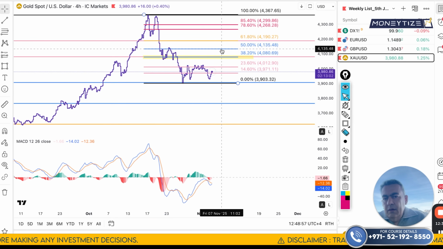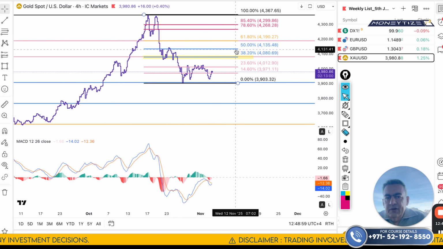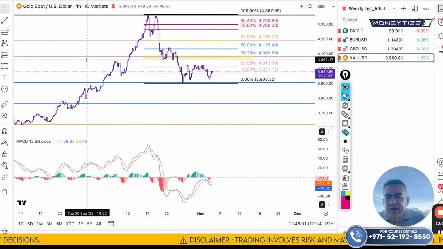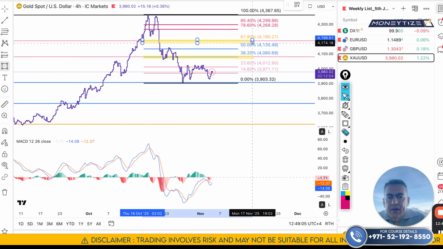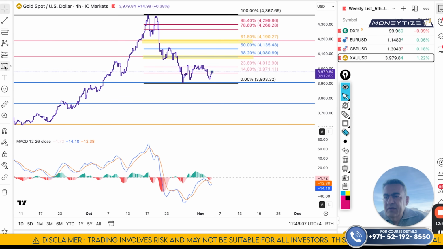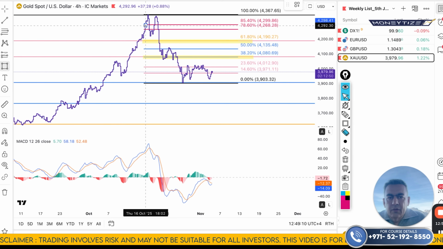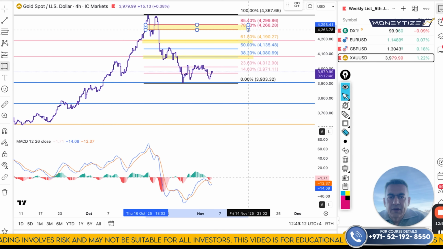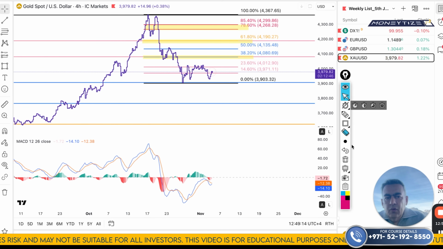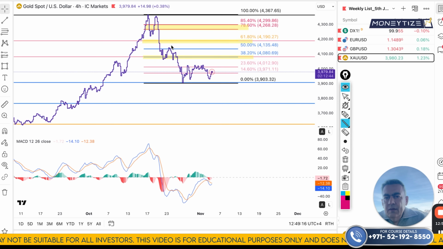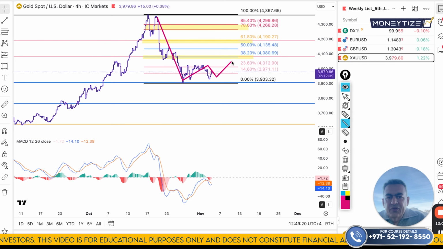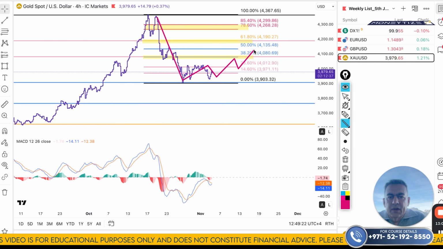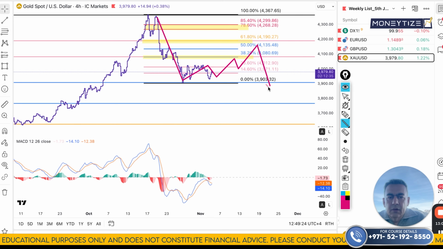In case we see a rise above 4080, then the next level is 4135 and the next magnet is at 4190. And best case scenario, I can see gold rising towards 4268 or 4299. The probability is low, but a high probability pullback target is 4080 followed by 4190 and then continuation lower.